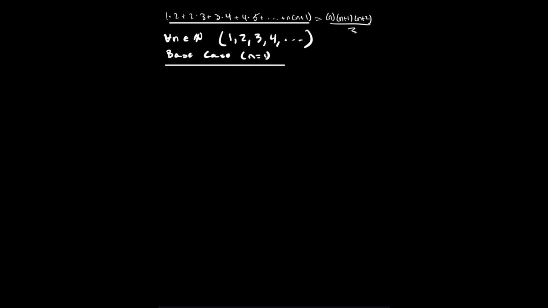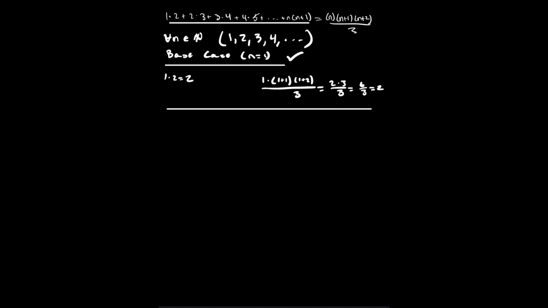So n equals 1, so 1 times 2 is equal to 2. And then we can go to the other side, and we want to show that that's also equal to 2. And we get 2 for both of them. So our base case is true.